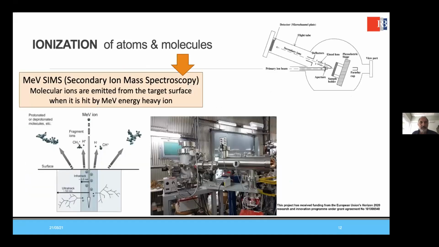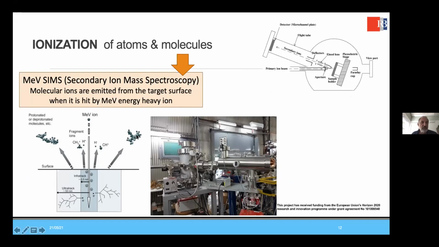The other possibility, which is quite novel here in the lab, is mass spectrometry. When a very heavy ion beam, like iodine of 20 MeV, let's say, enters the target, from the very surface, almost the first nanometer or first few angstroms, molecules are emitted from the surface of the sample.